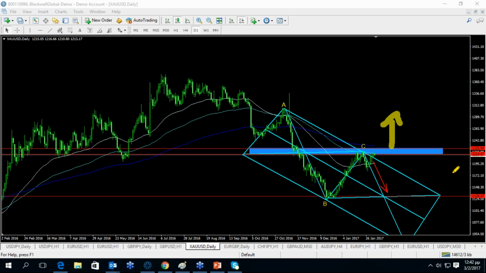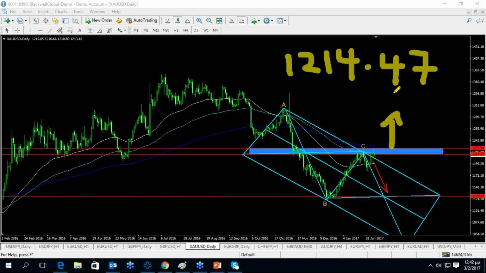So again, 1214.47, it's 0.47. 47 is very close to the 50 side number. Okay, but this is if you are trading by the cents for gold. For gold, let's say your price is 1214.47. In terms of psychological levels, you can look at this last two digits or this last two digits. If you are a bigger gold trader and you don't care a lot about the cents, then you just look at this one.